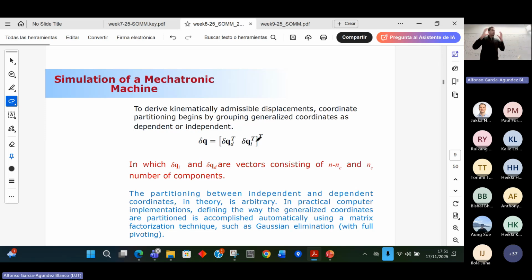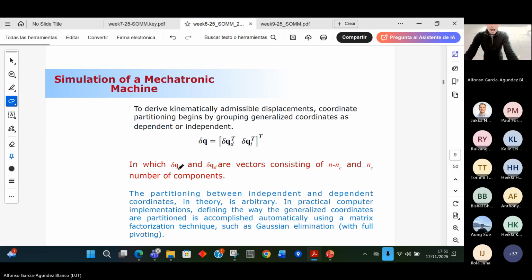So I'm going to split the vector of coordinates in a set of independent coordinates and a set of dependent coordinates, okay? These independent and dependent coordinates are related between them by means of the constraints, okay? The constraints are relating these independent and dependent coordinates, and it is a virtual displacement, so that is why we are using this delta, okay? Because we have delta Q, and we have delta QD and delta QI, okay?